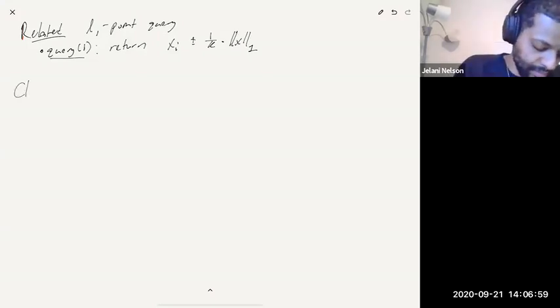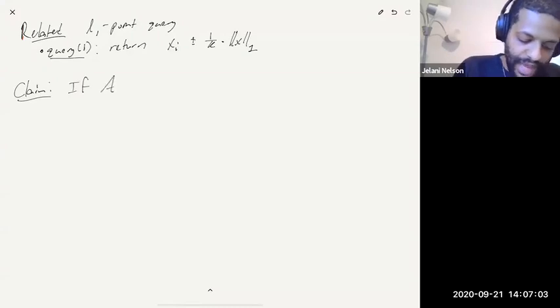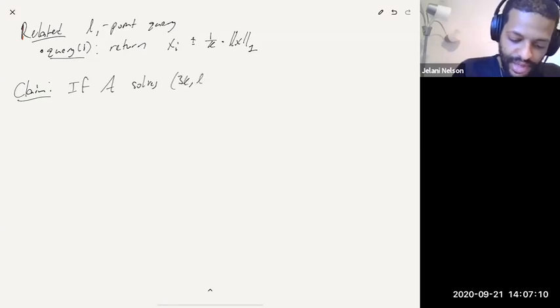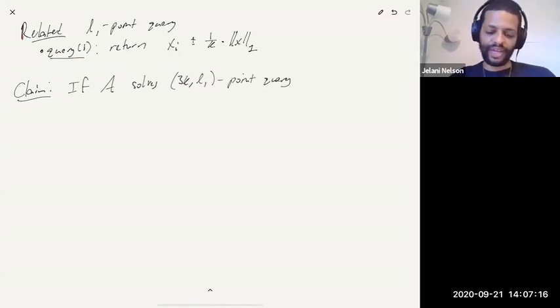So claim, if an algorithm A solves, let's call it the 3k L1 point query problem. So here I mean, it's solving L1 point query where the k parameter is actually 3k.